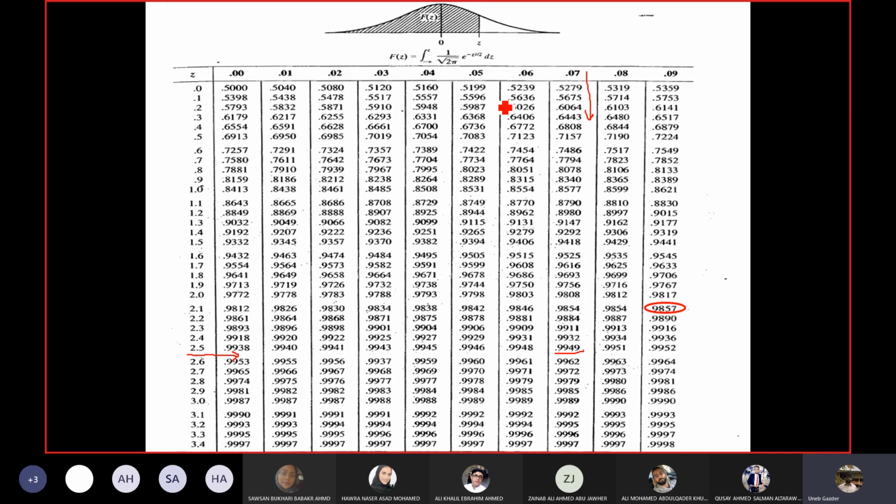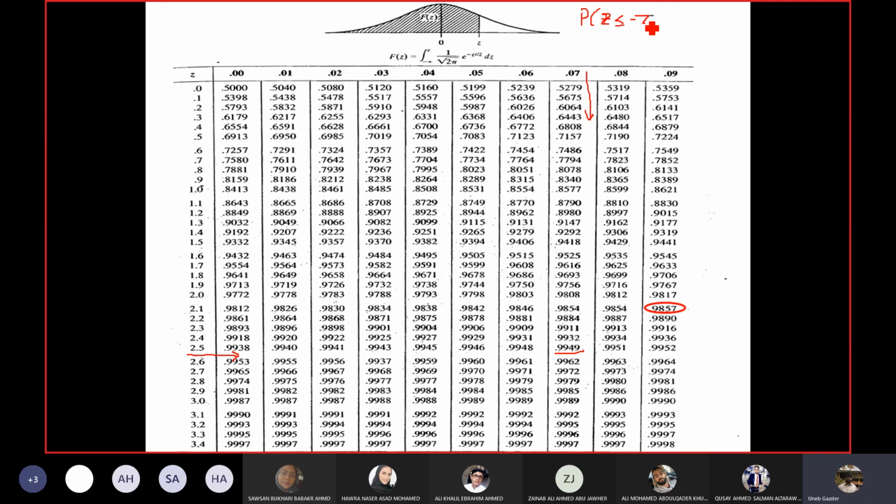Since the normal distribution graph, and z is a standard normal distribution, also has a symmetric curve, in a symmetric curve the probabilities of negative and positive numbers are complementary to each other. What does it mean? If I want the probability of a negative z number, this is how they write it.